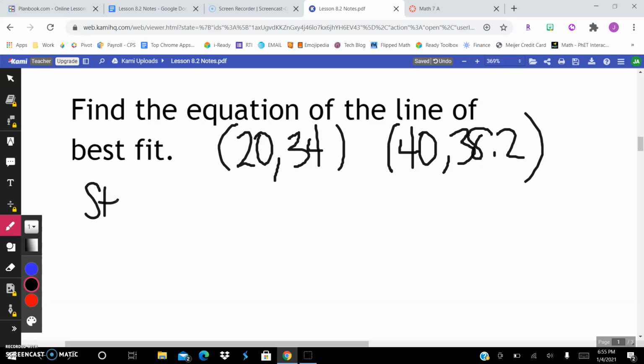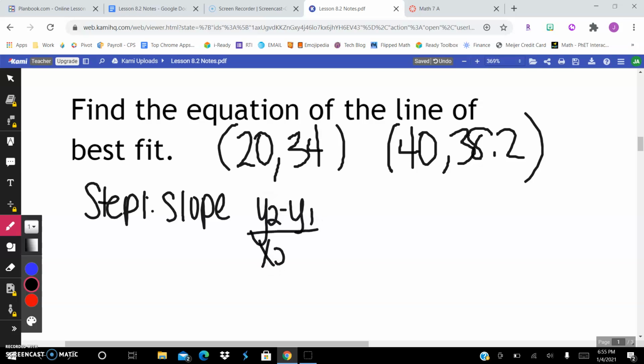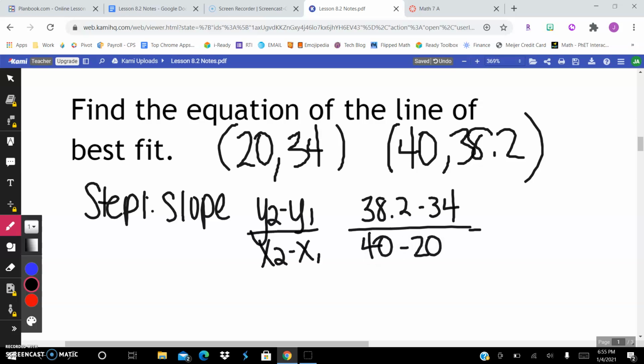So step 1 is to find slope. And we have to use y2 minus y1 over x2 minus x1. So 38.2 minus 34 over 40 minus 20. And that would equal 4.2 over 20, which would simplify down to 21/100ths.